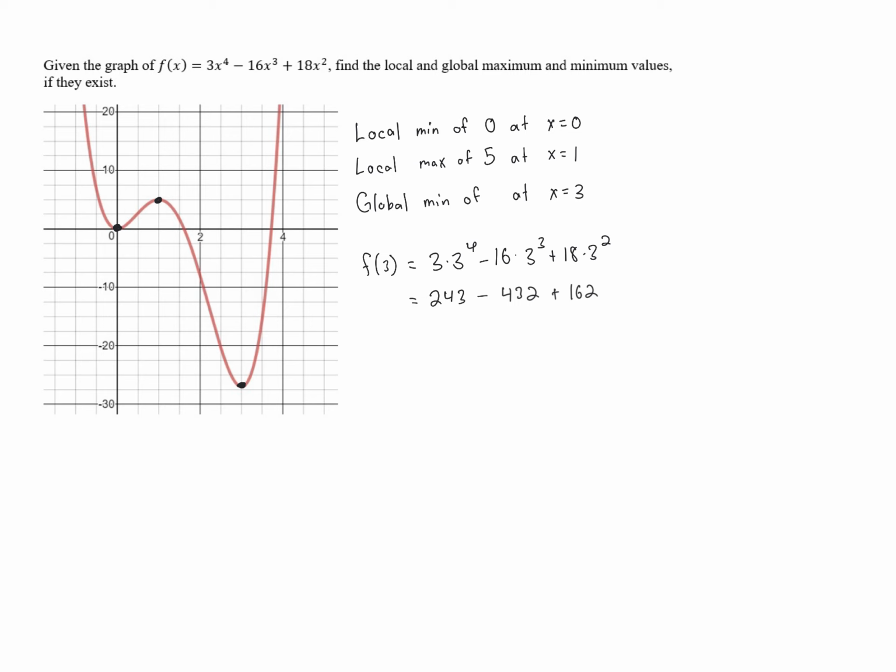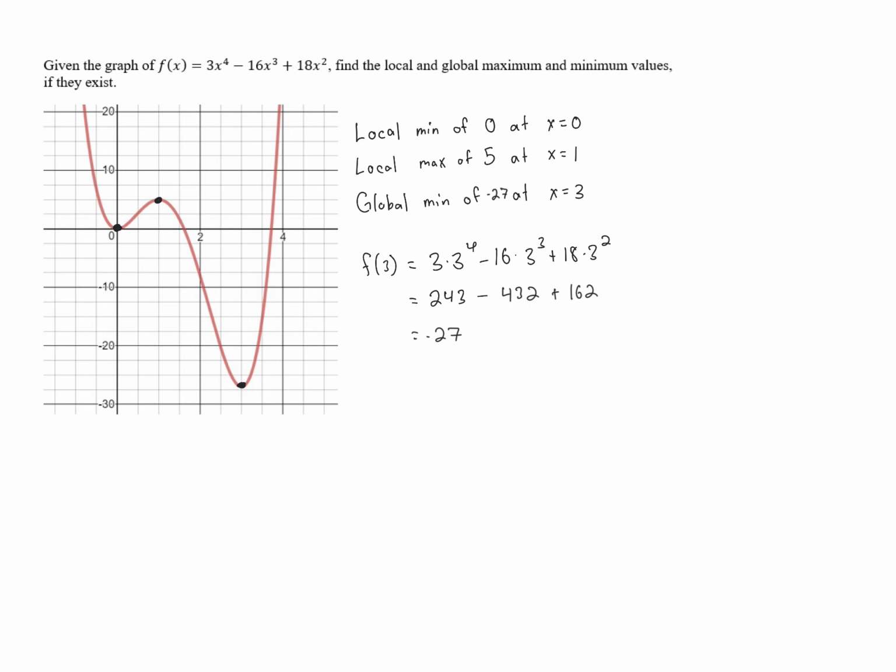And if we do that math, we end up with negative 27. So our global or absolute minimum is negative 27, and it occurs at x equals 3.